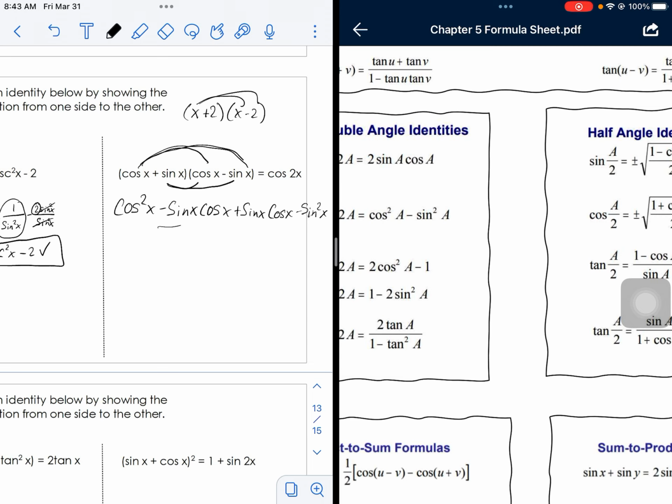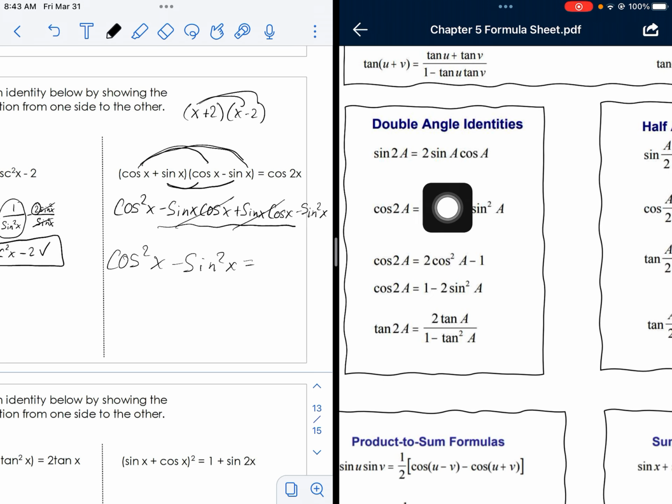And now notice the middle terms are going to go away, because we have a positive sine x cosine x and a negative. So these two are going to get rid of each other, and then we're left with cosine squared x minus sine squared x. And then we look at our formula sheet, and we find that it's right here. We know that that's equivalent to cosine of 2a, or in this case, cosine of 2x, and we just proved it.